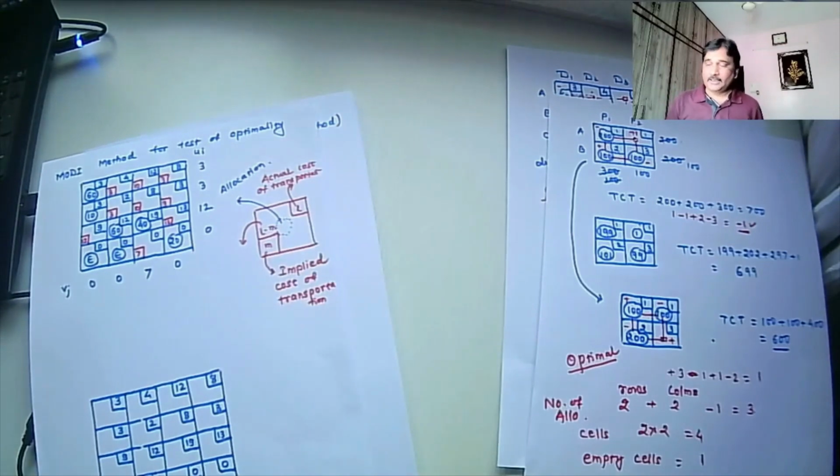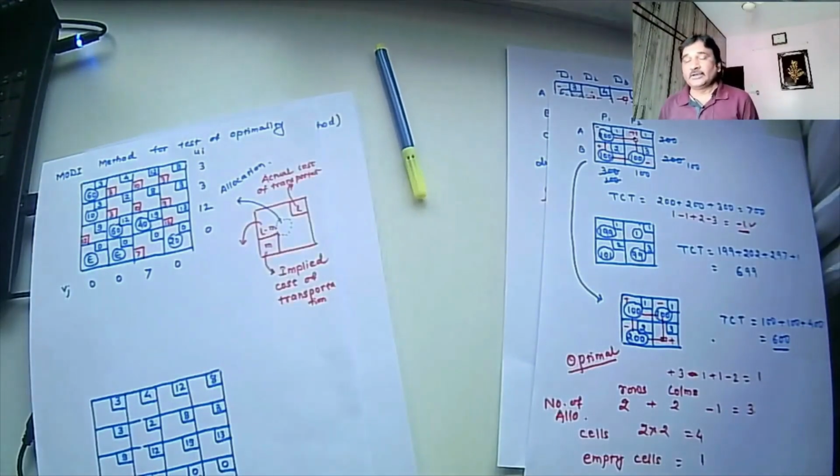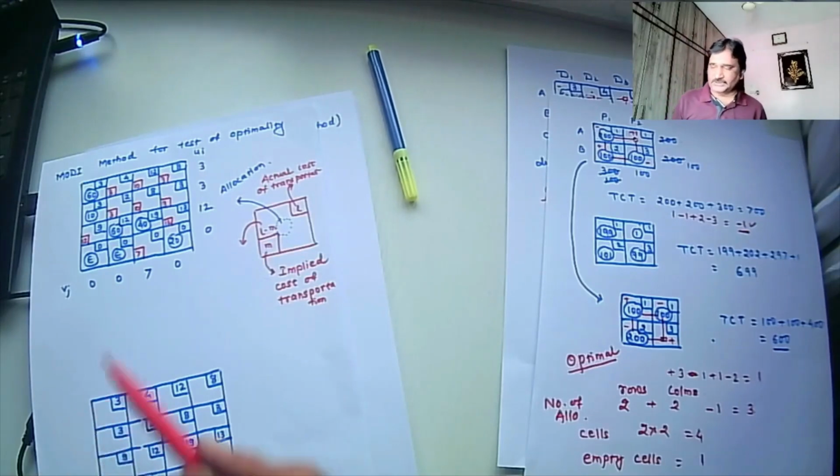Right? So now, having found out the implied cost of transportation, what is the meaning of implied cost of transportation?